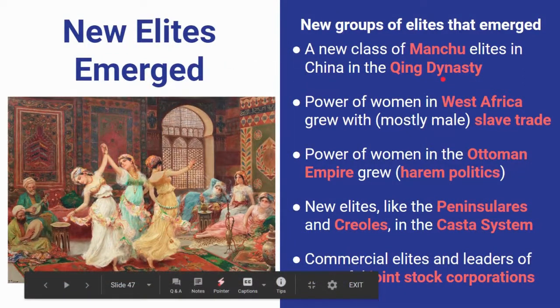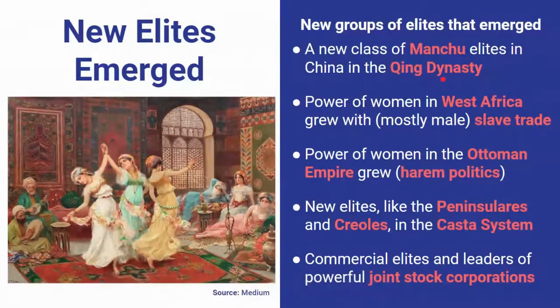All of these are CED new elite groups that you need to know that emerged during this time. So of course the Qing dynasty is a new group of elites that emerged in the Manchu Empire. Well, let me back this up. They already existed, so there already was the ethnic Jurchen people who were the Manchus, kind of one and the same, although it's a further distillation, essentially. So Manchu is a bigger umbrella that includes the Jurchens as the main or leading group.